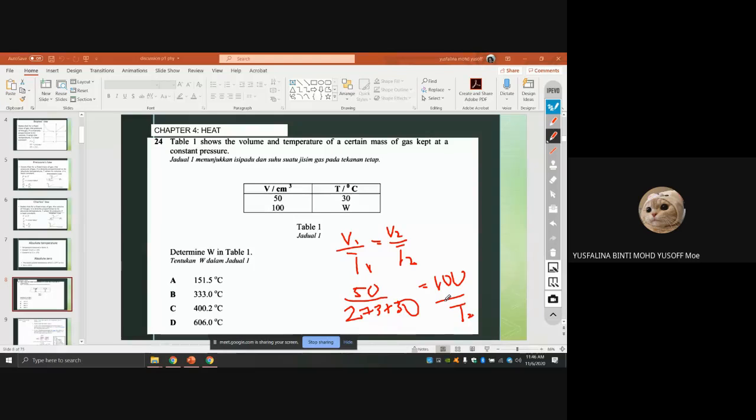Then you cross multiply, and after you get the answer, you have to minus 273 because the answer is in degrees Celsius. If you use Kelvin, change back to degrees Celsius, so minus 273. So you get the answer B. Okay, right, next slide.